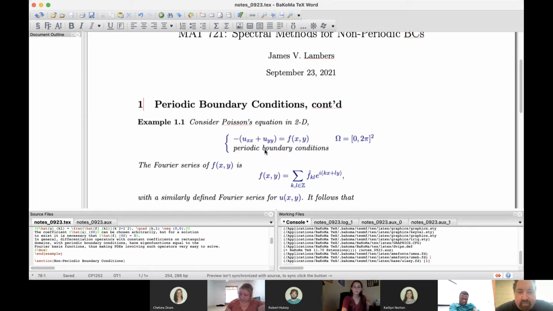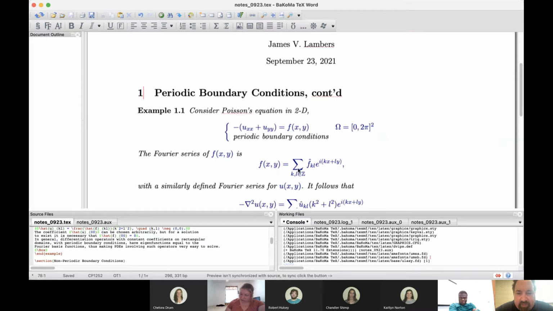Because u is 2 pi periodic in both directions, we can express it as a Fourier series. It's a double summation over indices k and l that are used to identify frequencies.